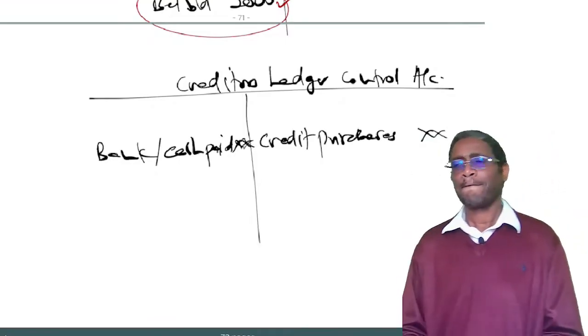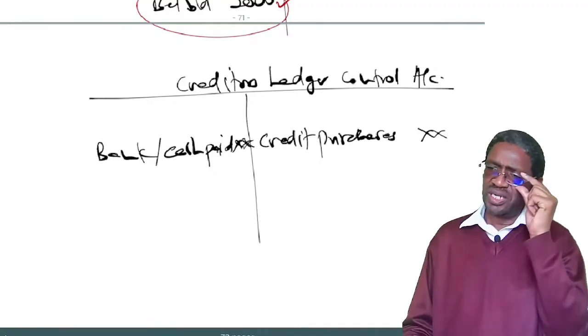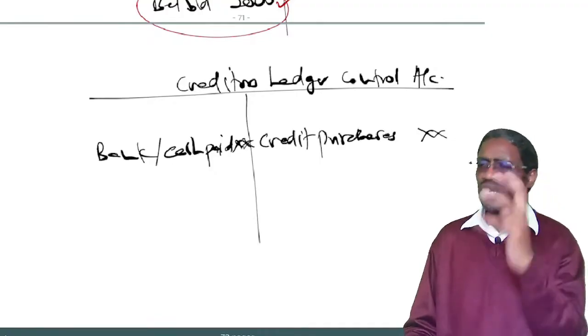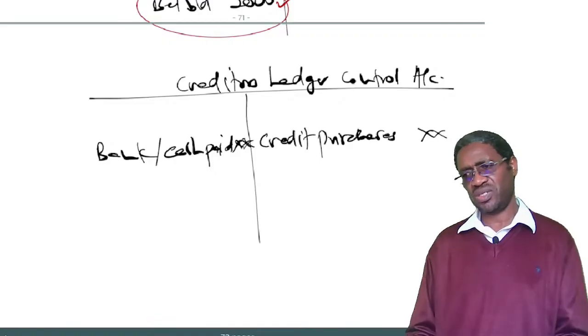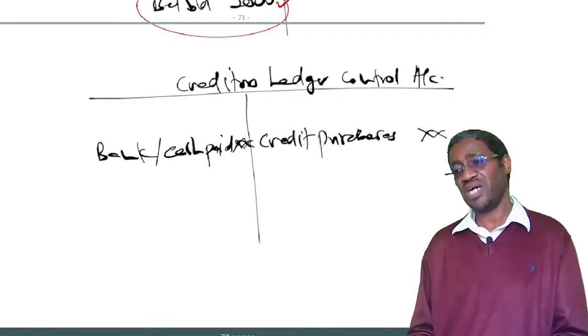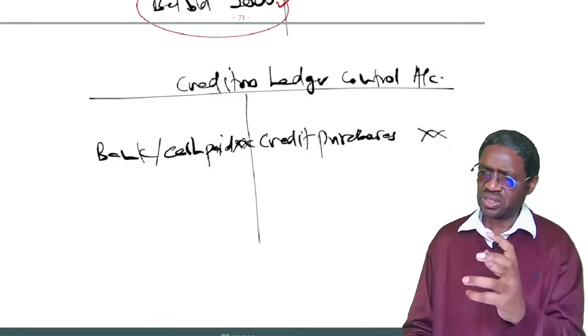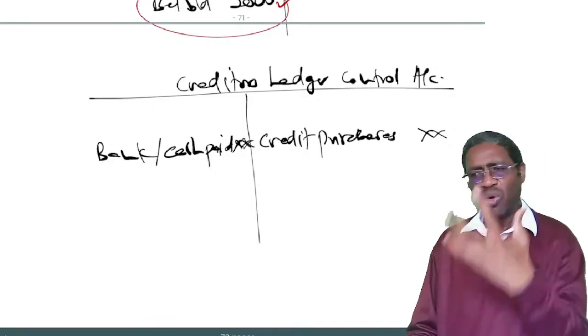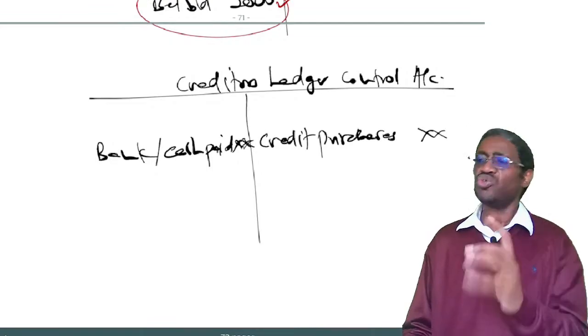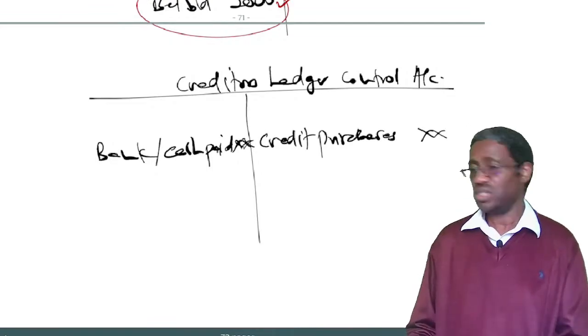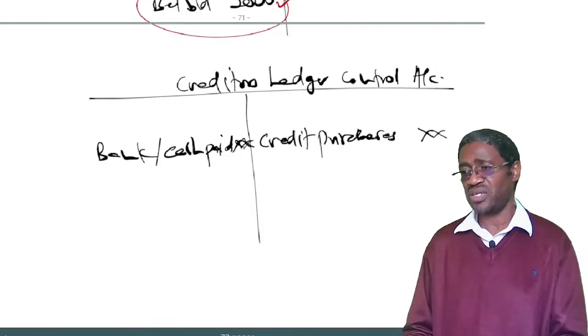Listen, you bought goods from your creditor. When you bought the goods, you credited creditors. For whatever reason, these goods are more than you needed, so you decided to return them to your suppliers.